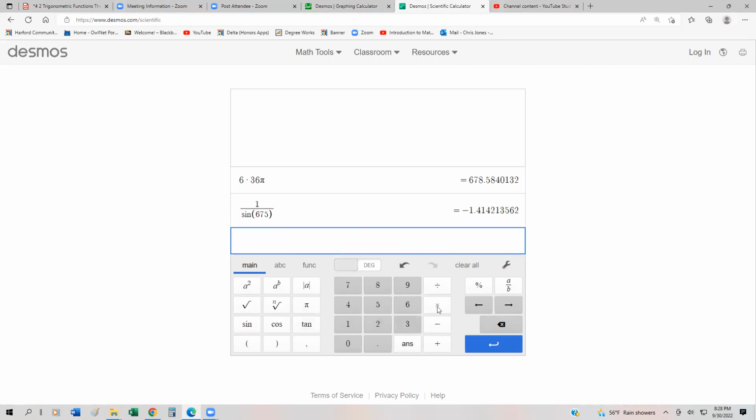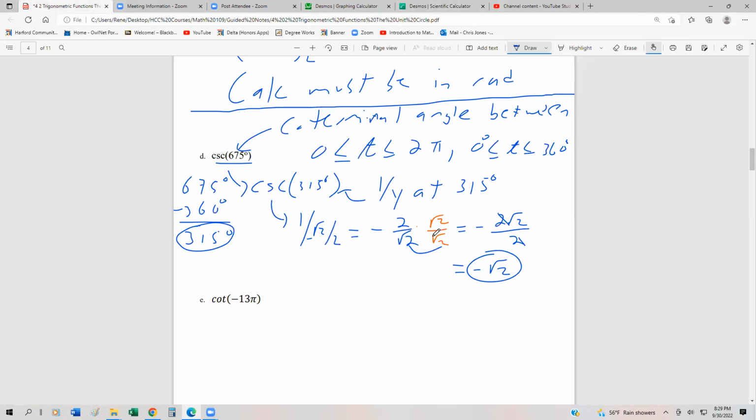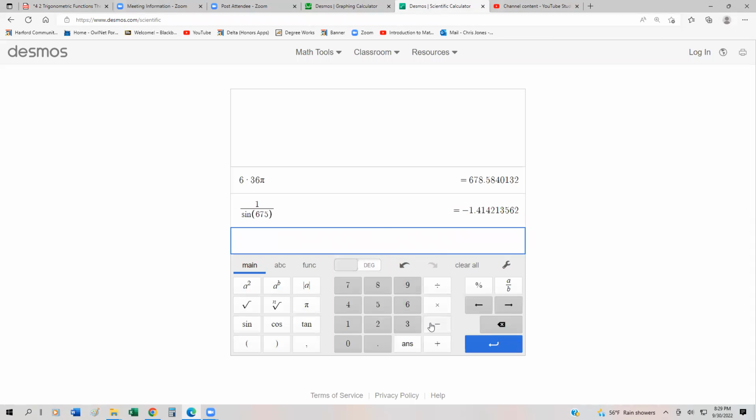Now, the other thing we should do is remember our answer that we got was negative square root of 2, all right? So if we go into our calculator and we say negative root 2, there we go. We get the exact same numbers, okay? So again, that's a way to check your answer. Although we should never just rely on the calculator to evaluate these things, okay?